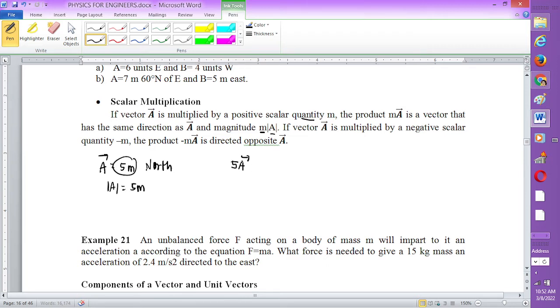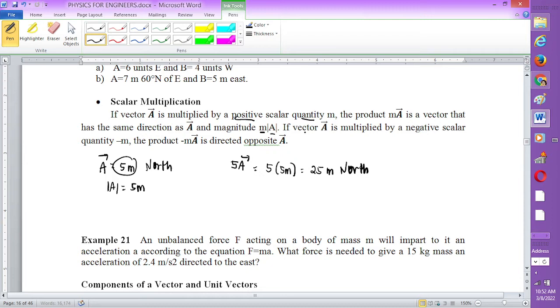So to get 5A, simply 5 times 5. Just copy the direction as well. Since it is positive, this will be 25 meters north. Again, this will happen if you multiply a vector with a positive scalar.